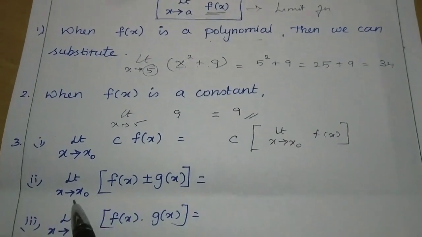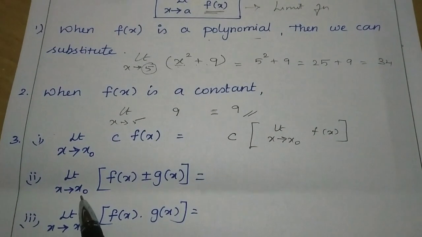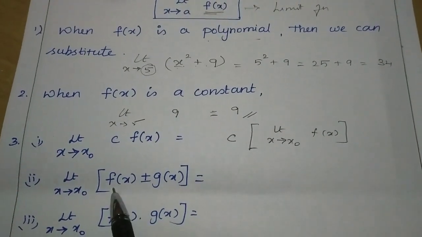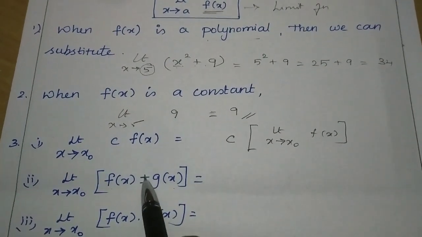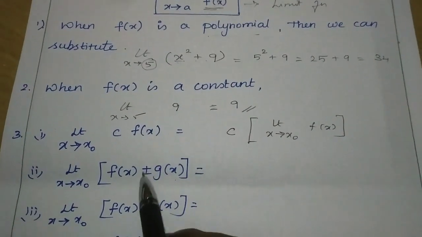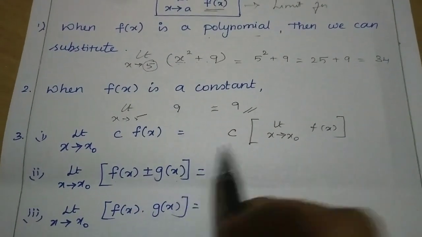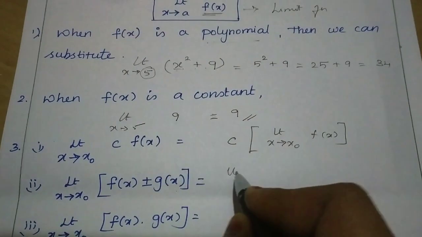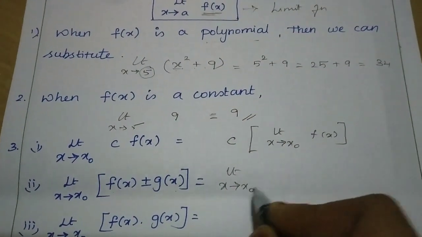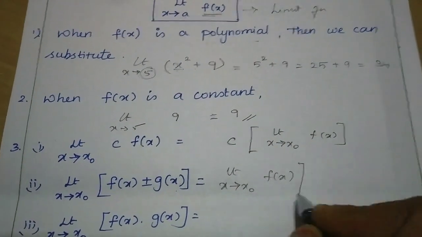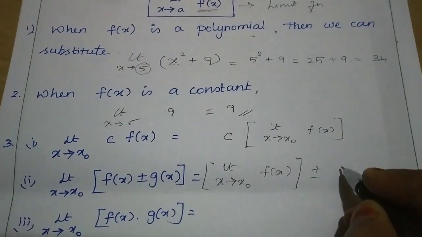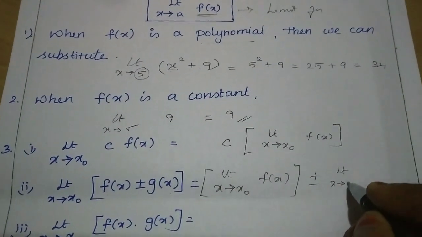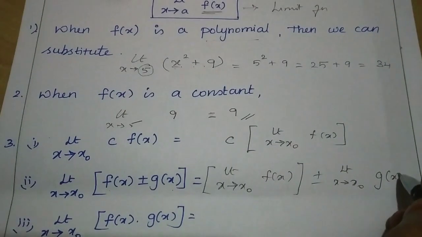Second subdivision: when, as limit x tends to x naught, two functions f of x and g of x are in either addition or subtraction, you can split the limit function. Limit x tends to x naught of f of x plus or minus limit x tends to x naught of g of x.